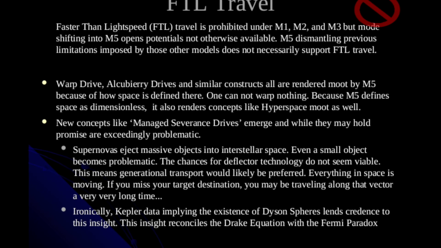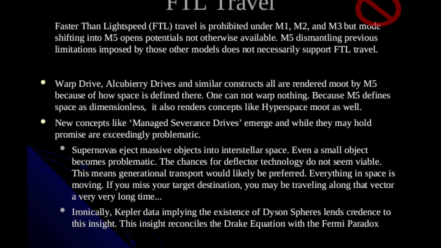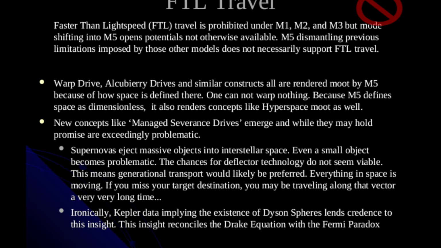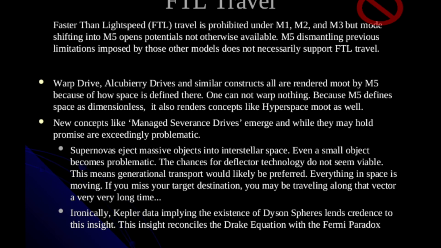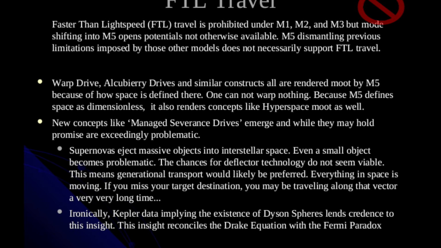Now, having looked at all this, we went back and looked at the Kepler data from the Kepler satellite that was looking for exoplanets, and ironically, the Kepler data has another list implying the existence of Dyson spheres. The fact that there are these locations that look like that's what they may be doing instantly vindicates the emergence model.